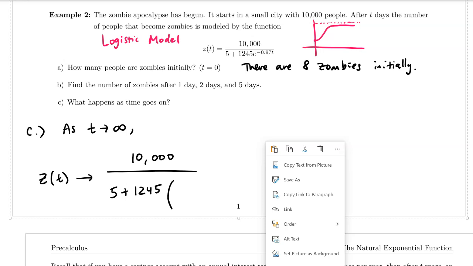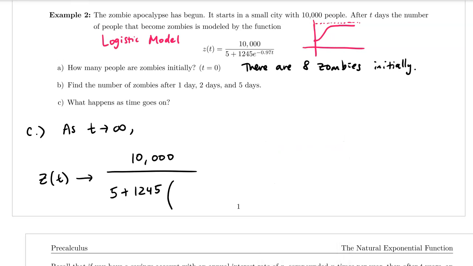Because our exponent is negative, this is the same thing as 1 over e to the positive 0.97t. I did that because it's going to be easier to see what happens as t gets really, really large.